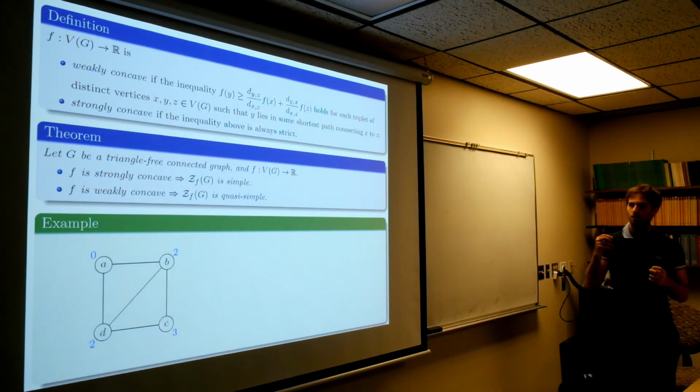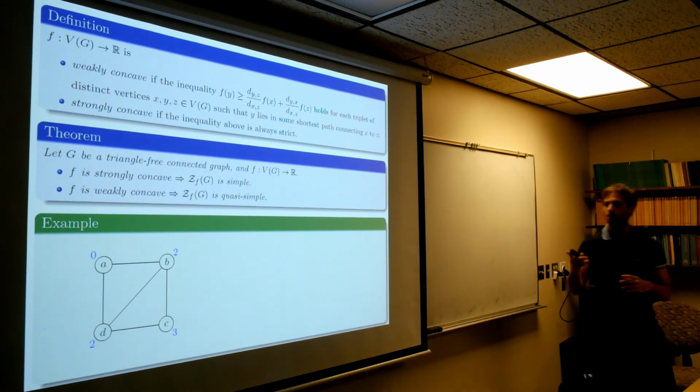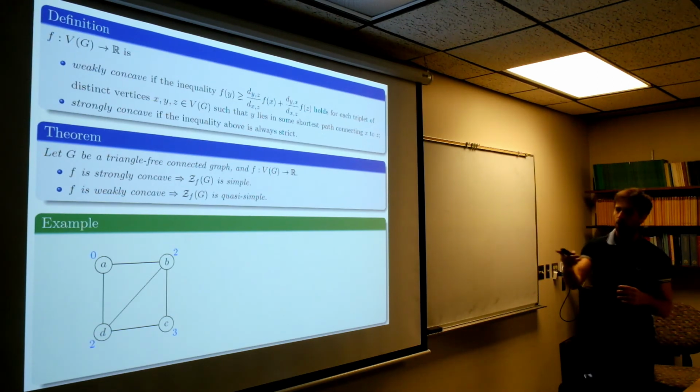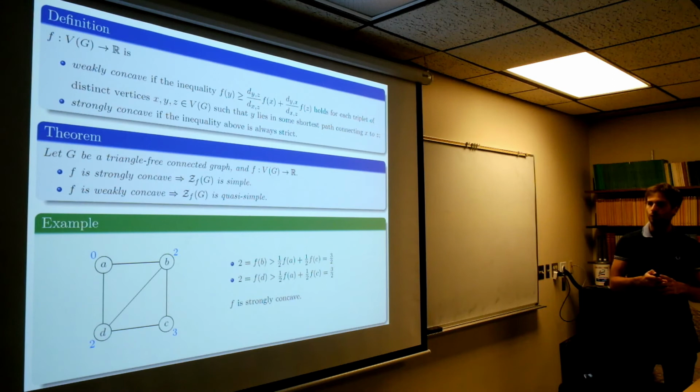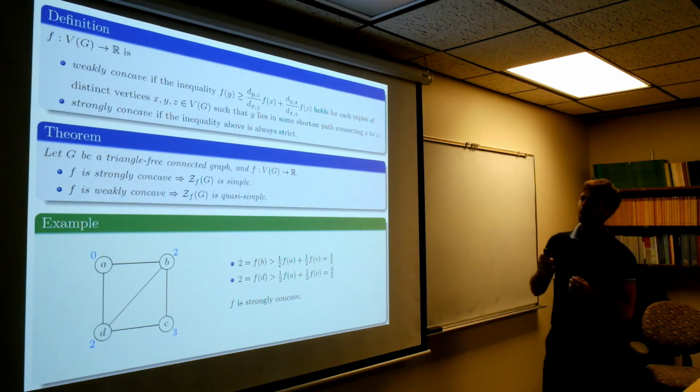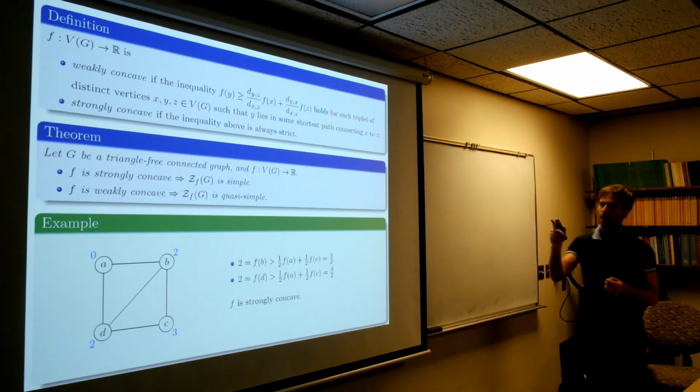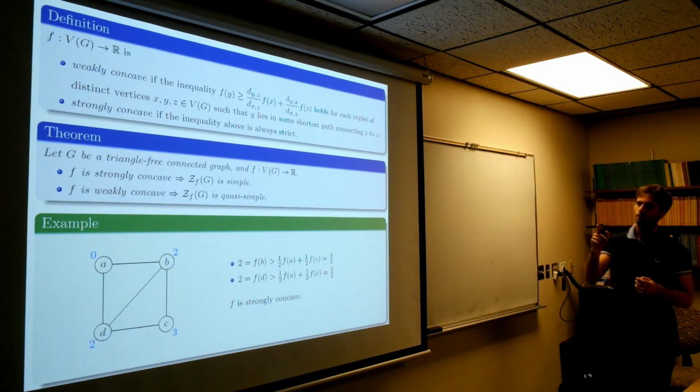This triangle freeness is actually necessary. So let's consider this example of a graph clearly not triangle free. F is given by these numbers in blue, right? So f of A is 0, f of B is 2, and so on. In this case, to check the concavity, we only have to care about two different triplets.